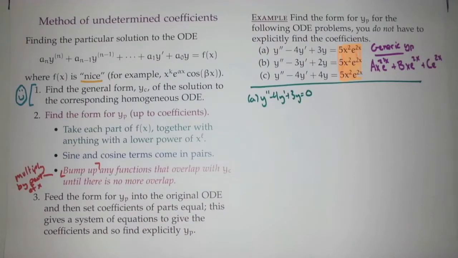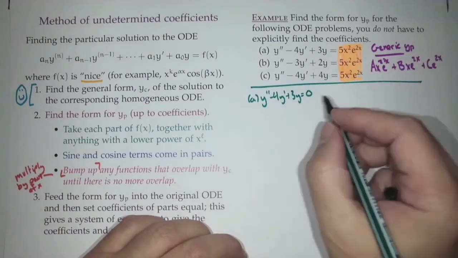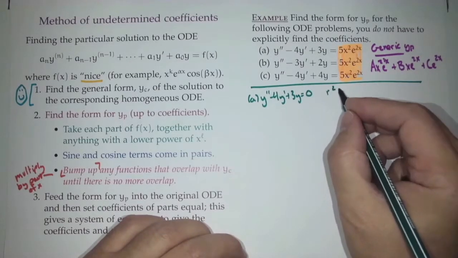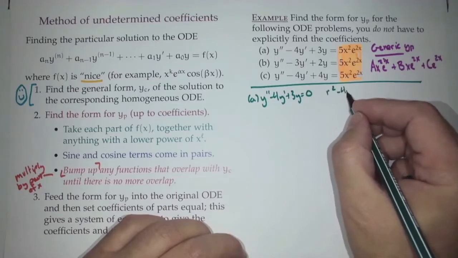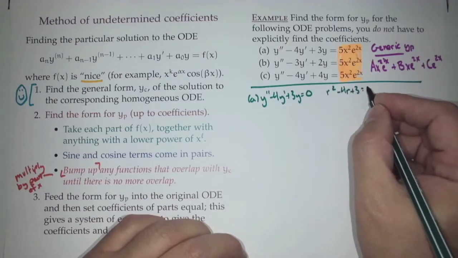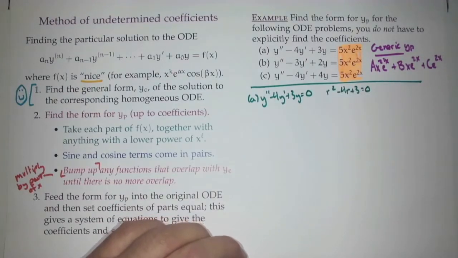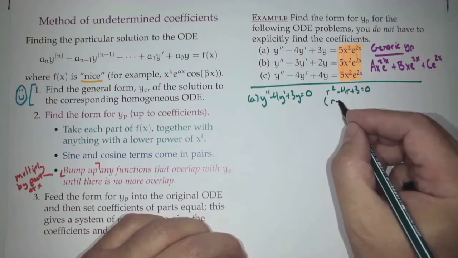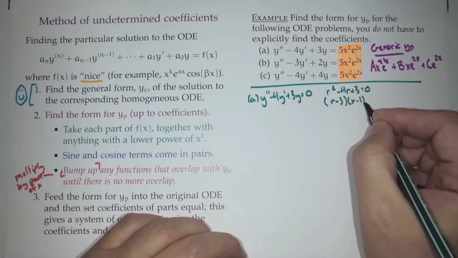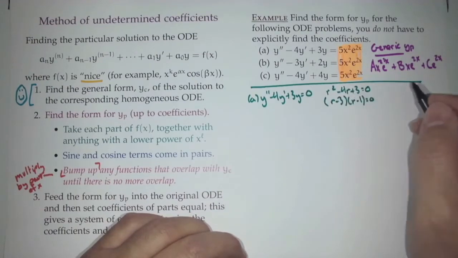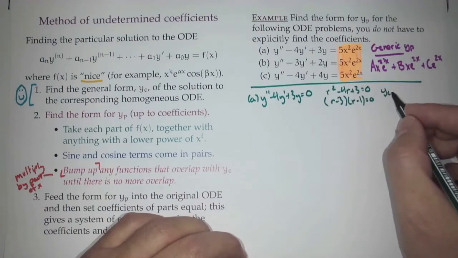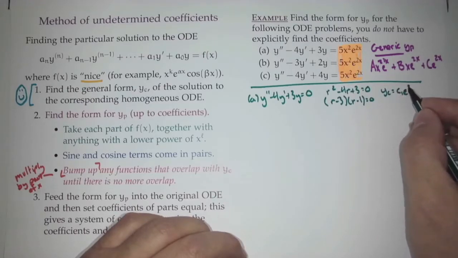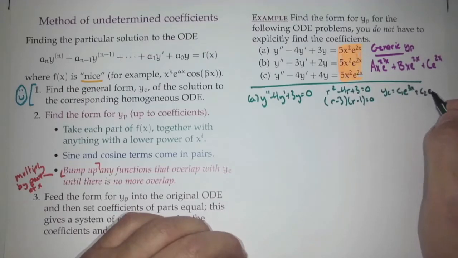It becomes r squared minus 4r plus 3 equals 0. Does that factor? Yes: r minus 3, r minus 1. So our complementary solution is some constant e to the 3x plus some constant e to the x.